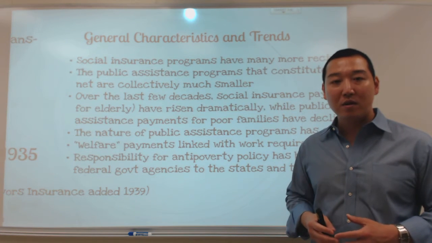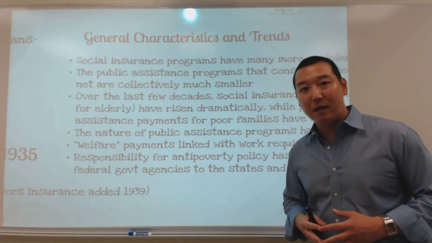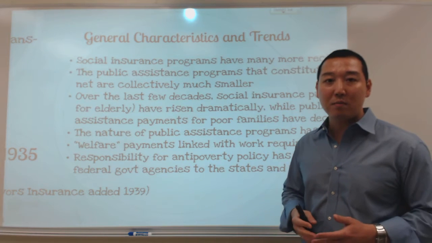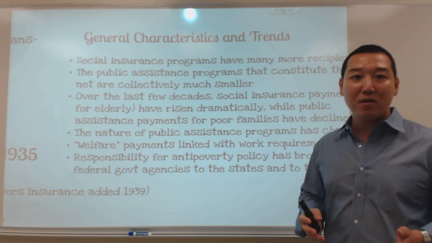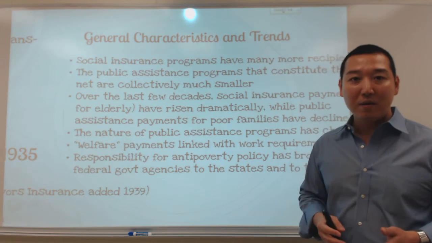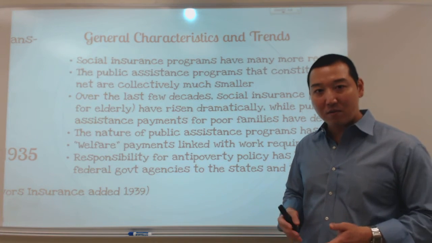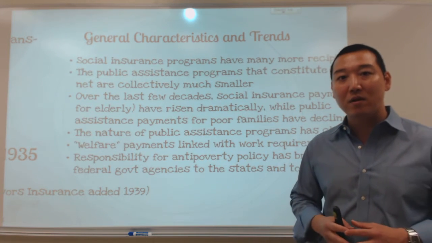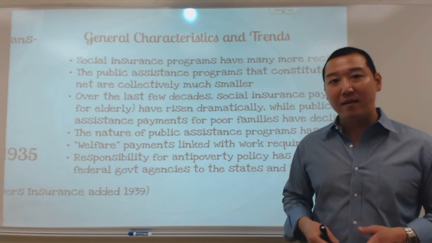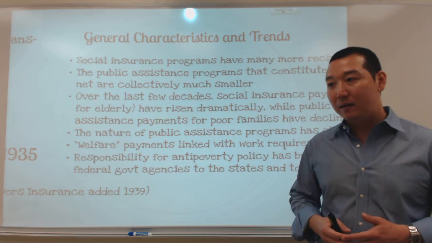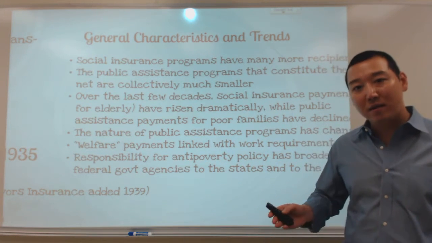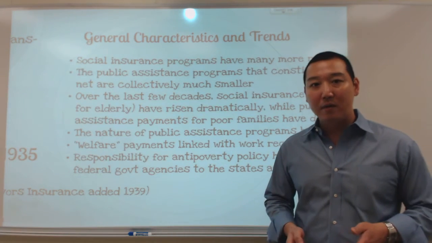So you'll notice, for instance, our new health insurance system. If you're found without health insurance, you'll get penalized through the tax system, through the tax code. And so we're seeing more and more administration through the IRS and the tax code, I think, in the way of public assistance programs. And so that's a trend that we're starting to see more and more of as we move forward.